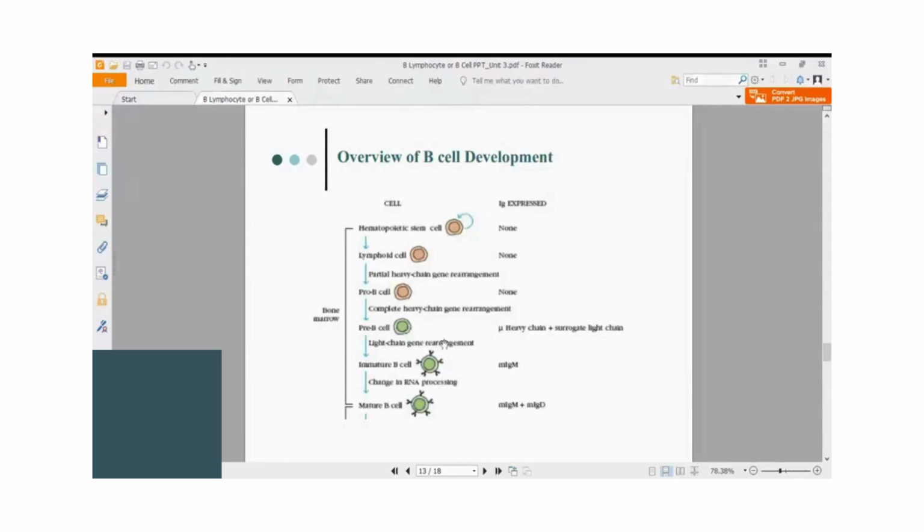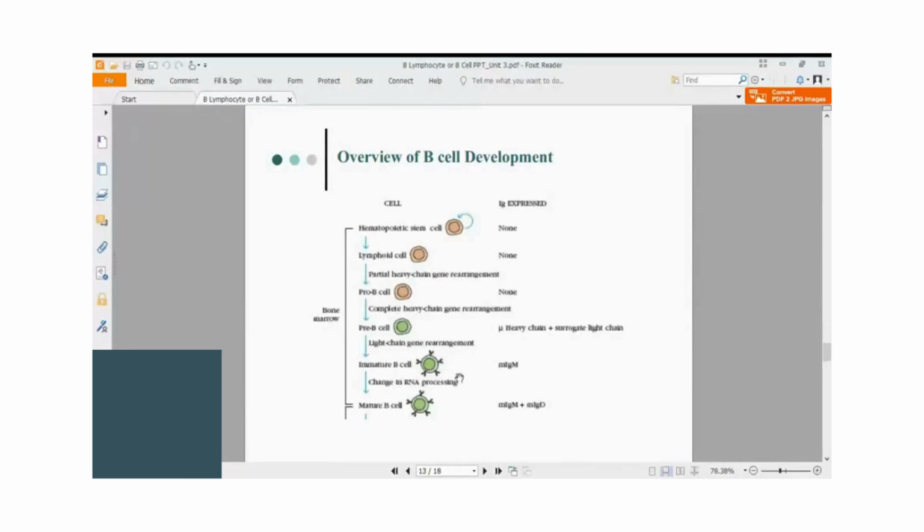The pre-B cell will start putting in the receptor on its surface as the membrane-bound receptor mIgM, and that mIgM will have a low affinity to the antigen of foreign origin, and it may have high affinity for the self antigen. And when it has high affinity for self antigen, it is going to go through negative selection, and those B lymphocytes are going to be eliminated.